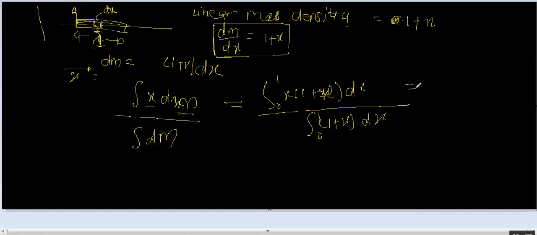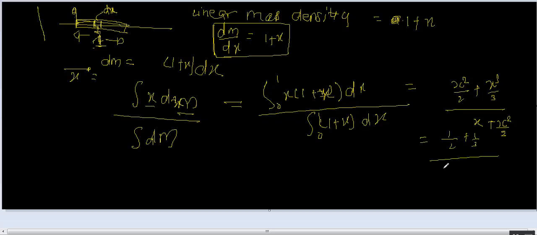If you look at this carefully, it becomes x square by 2 plus x cube by 3 divided by x plus x square by 2. So what we get is 1 by 2 plus 1 by 3 divided by 1 plus 1 by 2.